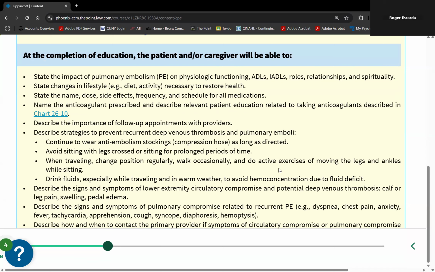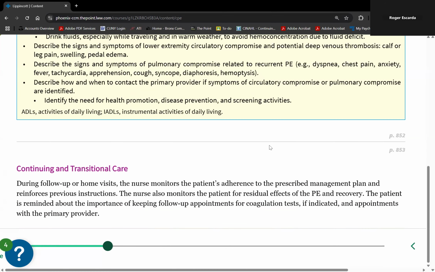Who has the habit of crossing their legs? Oh, Katri, who else? Christina. Oh, Peter. Okay. I just told you, uncross your legs.